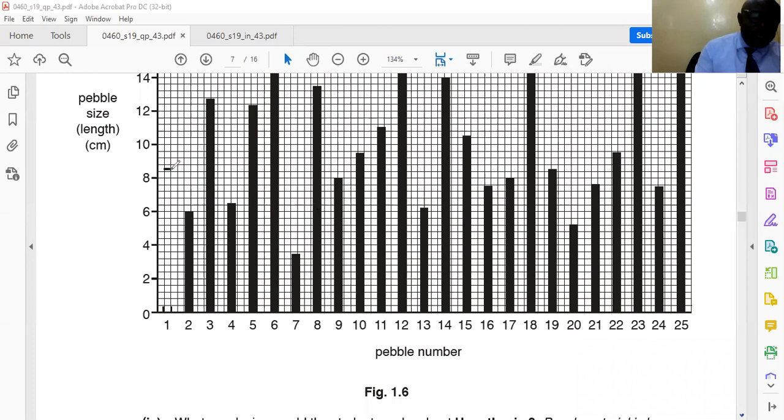So make sure you draw it well. Make sure you shade it well. This freehand thing is not easy.